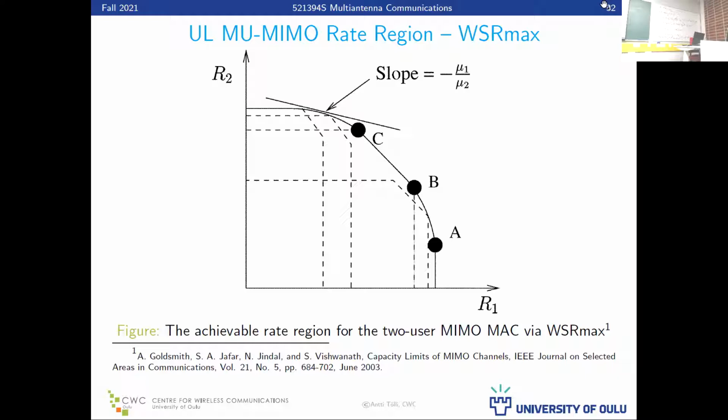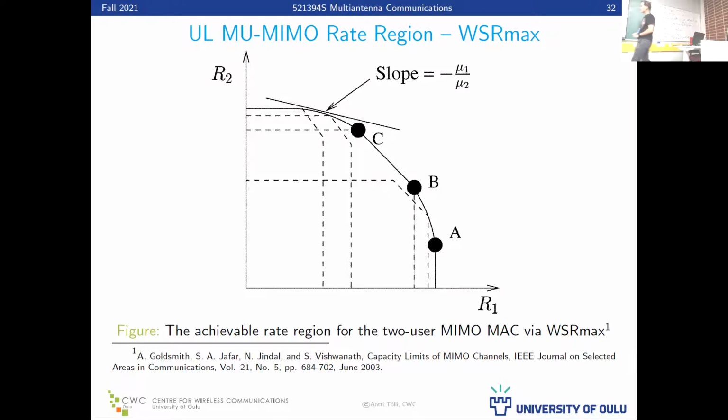It gets complicated if you want to generate a 3D rate region for 3 users. But anyway, going beyond 3 doesn't make sense, because it's difficult to depict, right? But the same applies.